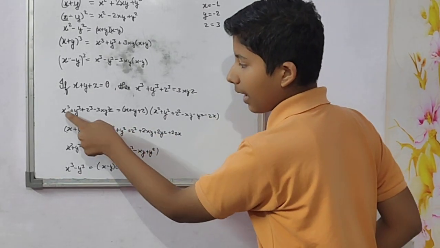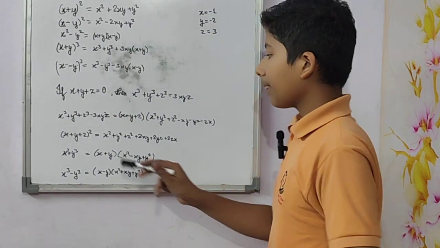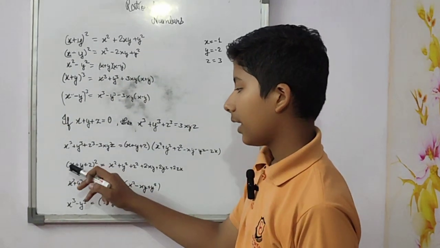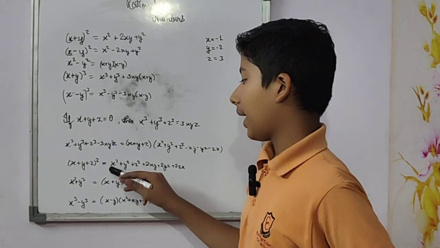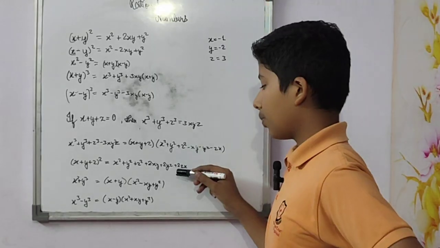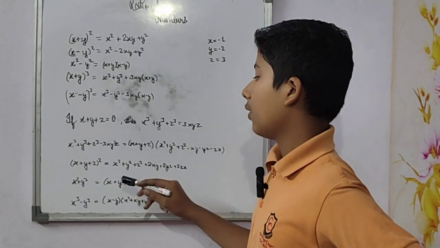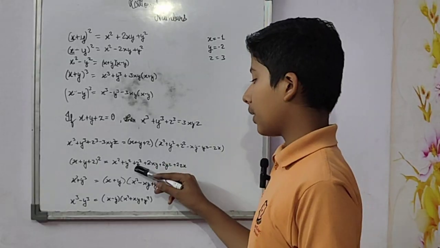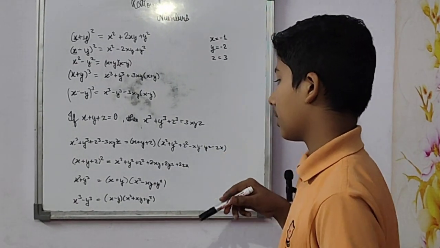Now our next identity, (x plus y plus z) whole square. It will be x square plus y square plus z square plus 2xy plus 2yz plus 2zx. Let me repeat: (x plus y plus z) whole square is x square plus y square plus z square plus 2xy plus 2yz plus 2zx.